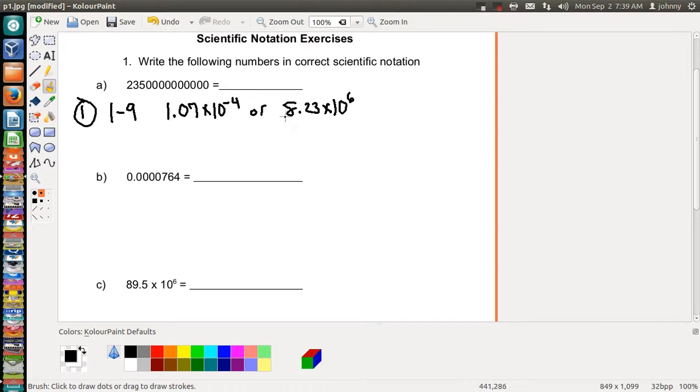Scientific notation says that you have to have one single digit in front of the decimal, and that one single digit can be the numbers 1 through 9.